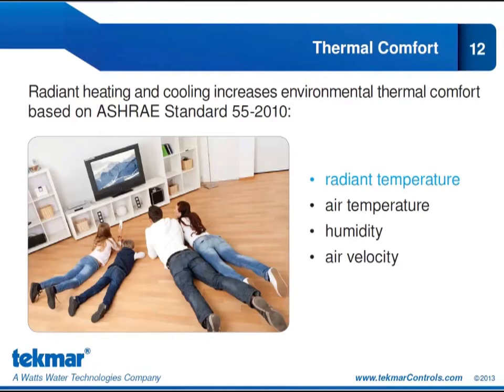Those 4 points are the radiant temperature, the air temperature, the humidity, and the air velocity. If we're looking at a forced air system alone, we can address air temperature, humidity, and velocity, but we do nothing for radiant temperature. Likewise, with a radiant system, we can have an impact on radiant temperature and air velocity, but we can't do anything about humidity. So it's only by combining a radiant and forced air system that we can address all 4 of those items in the ASHRAE standard.